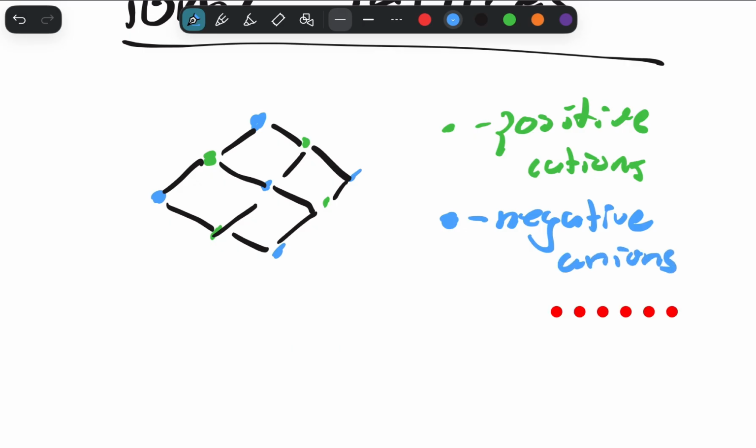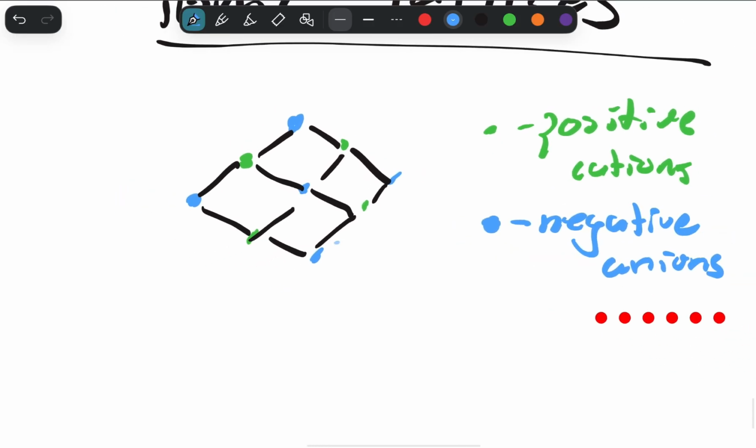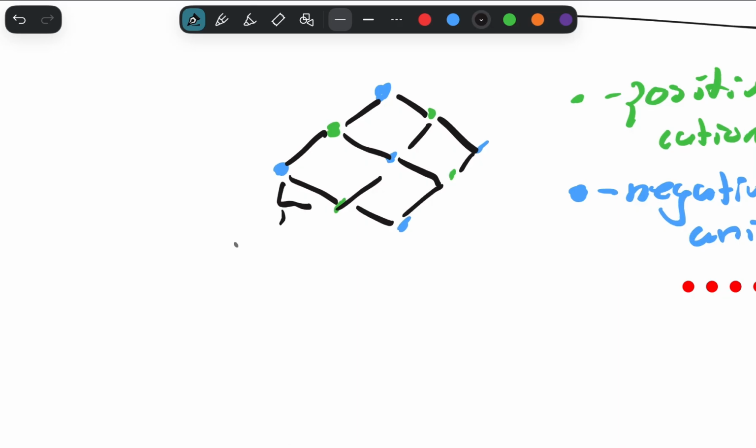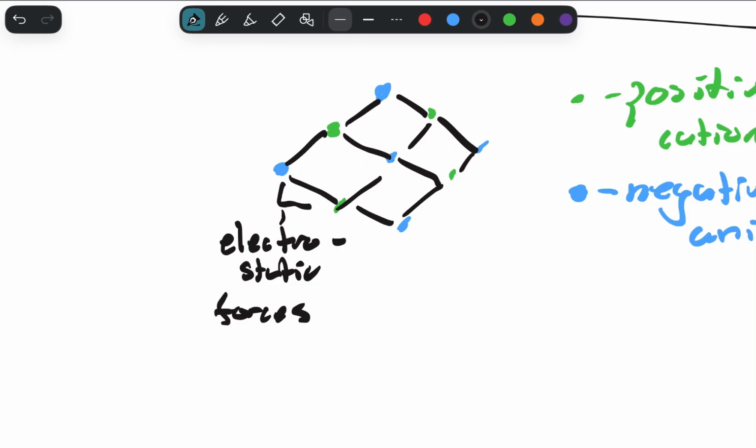I drew a little plane because I can't draw 3D shapes. I'm not artistic like that. But it's just this shape that goes down, like a cube. What you have to know is that they'll always attract each other, right? There are bonds. These are electrostatic forces holding them together because it's a positive and negative charge.